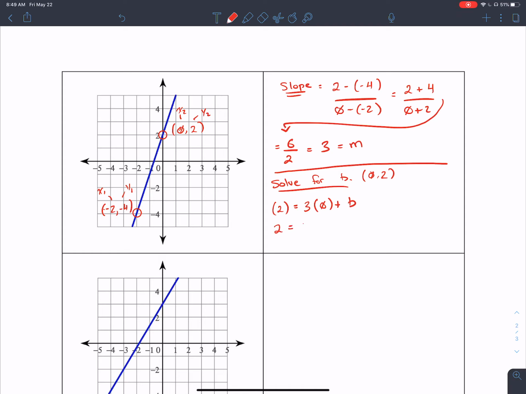So we get 2 equals 0 plus b, or 2 equals b. Very similar to the last one, and we get y equals 3x plus 2. And we see that that's true over here too: the 2 is crossing our y-axis, so therefore it is the y-intercept.